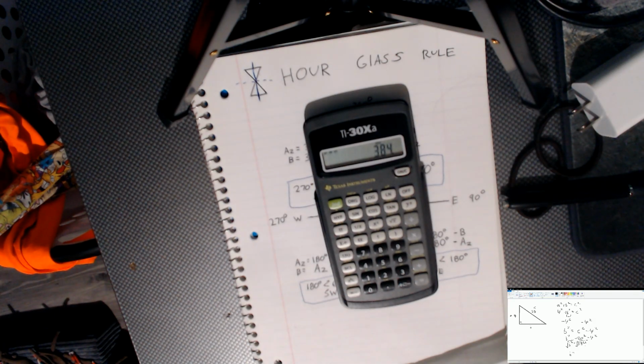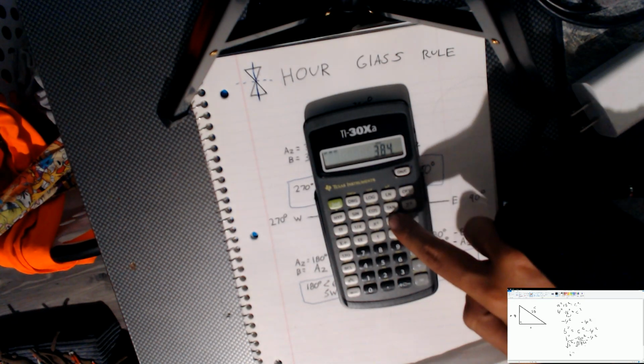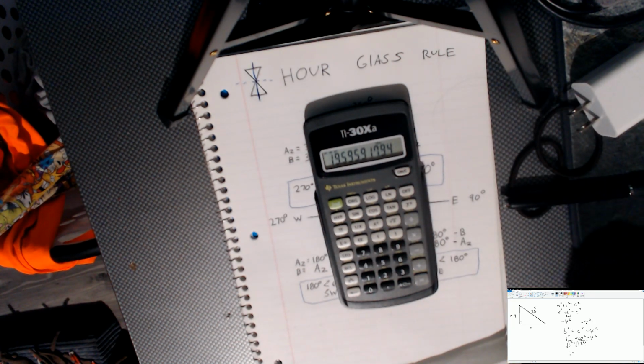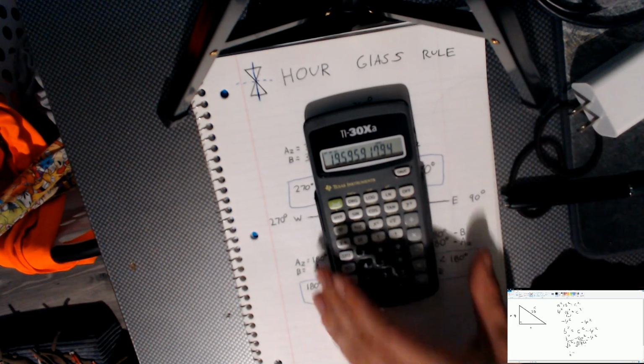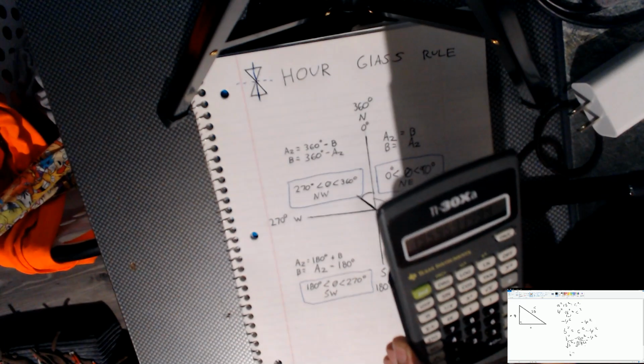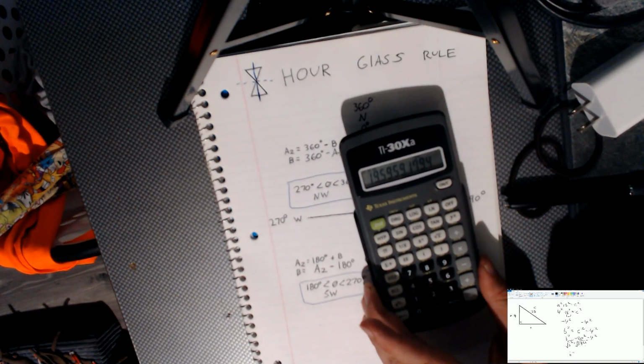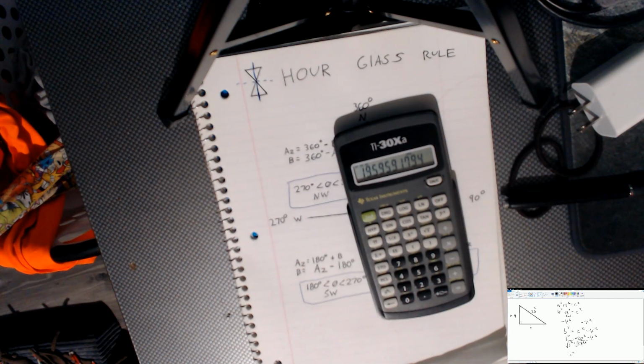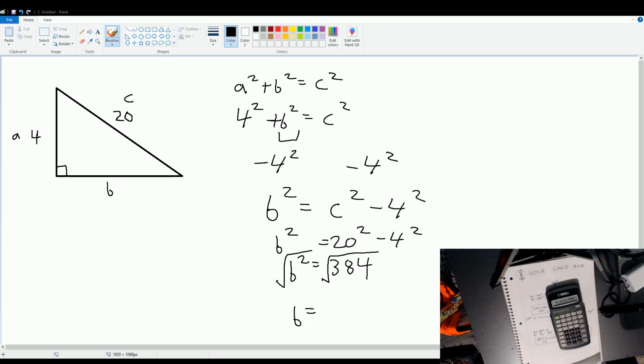To get a square root of both sides, all we have to do is press this little button, and we will get 19.59591794. I mean, we're surveyors, we got our actual values and we got our approximate values.